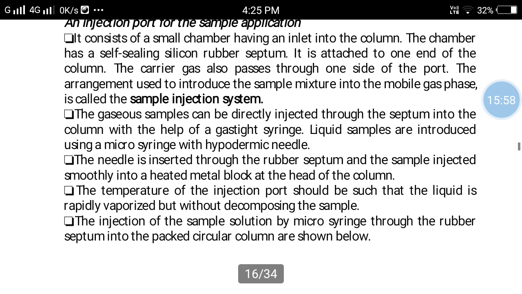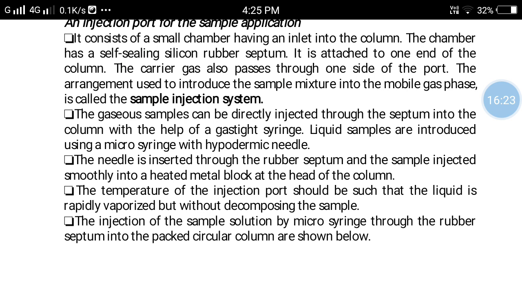The gas sample can be directly injected through the septum into the column with the help of a gas-tight syringe. Liquid samples are introduced using a microsyringe with a hypodermic needle. The needle is inserted through the rubber septum and the sample is injected smoothly into the heated metal block at the head of the column.